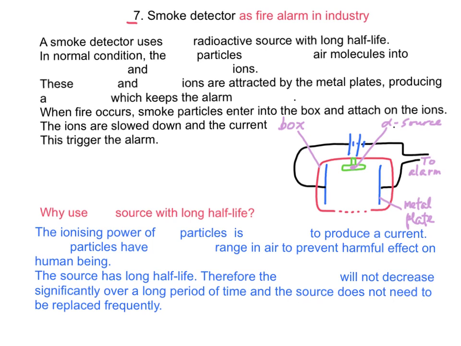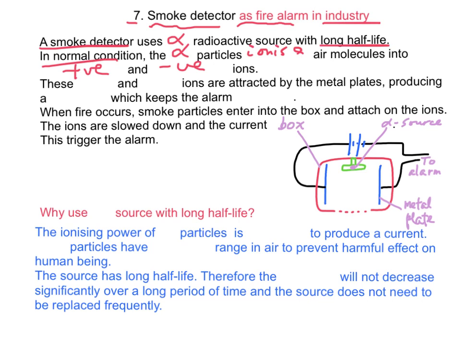Another example is smoke detector as fire alarm used in industry. A smoke detector uses alpha radioactive source with long half-life. In normal condition, the alpha particles will ionize the air molecules inside the box into positive and negative ions.